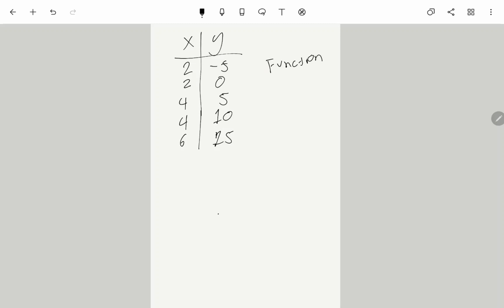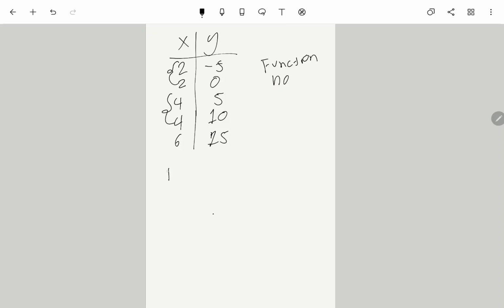Another example is x table, y: x is 2, 2, 4, 4, 6, and y is -5, 0, 5, 10, 15. So in this case, is it a function? No, because the x is repeated. It repeated twice, so it's not a function.